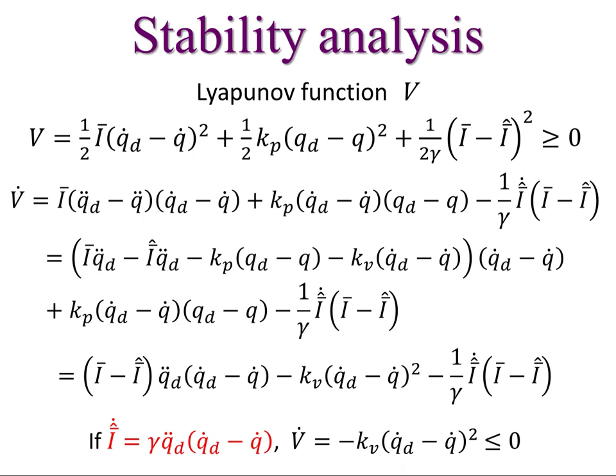Note, however, that this analysis does not directly mean that the estimated parameter I bar hat converges to the actual parameter I bar. In a simple system such as this one, the estimated parameters actually converge to the actual parameters, but this may not be the case in a complex system.